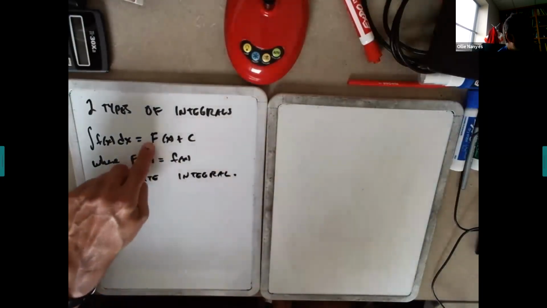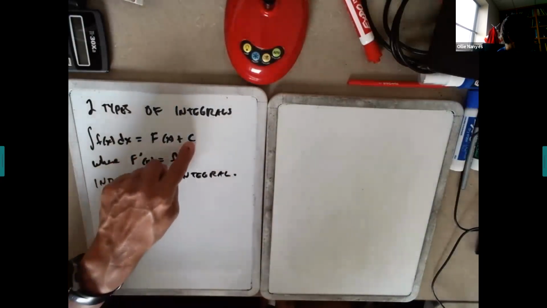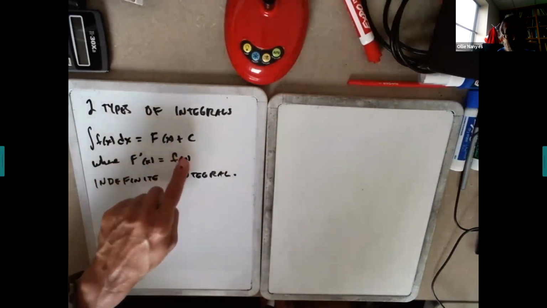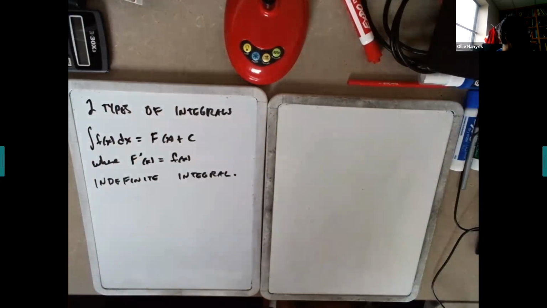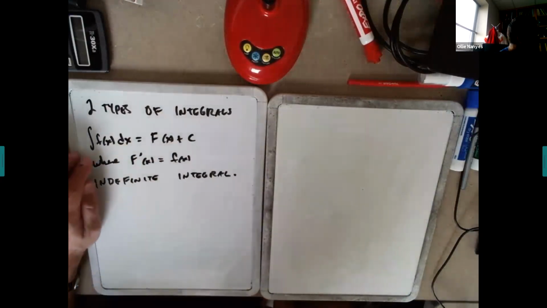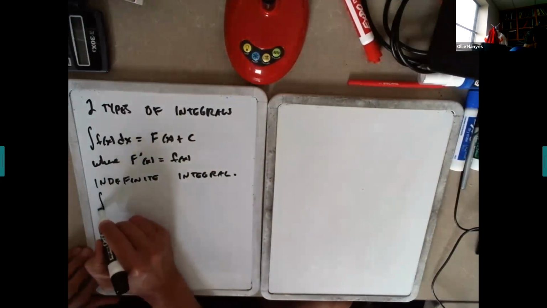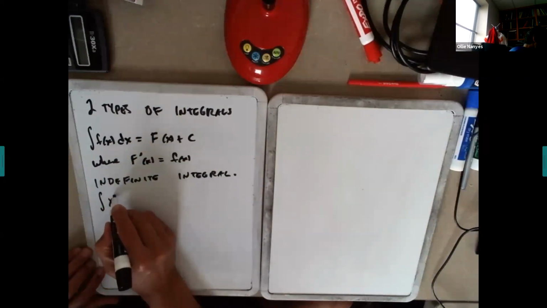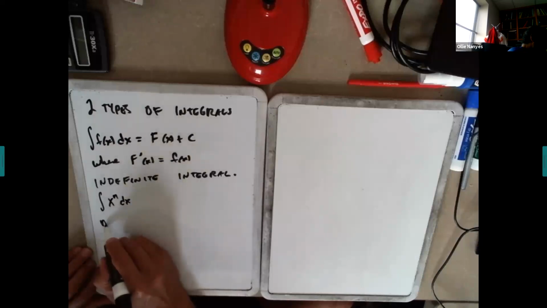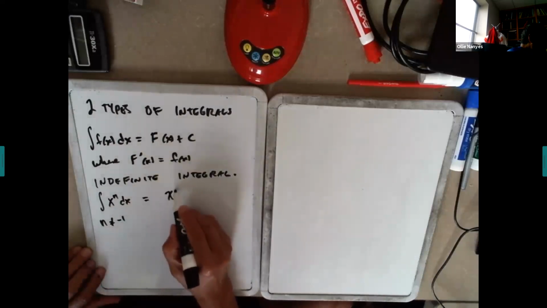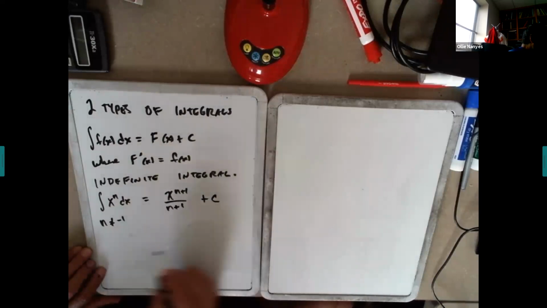And you do need the constant, because if you remember from calculus 1, the derivative of a constant is 0. So if you differentiate the right-hand side, the derivative of the constant is 0, and you do get that. As I said, it's an indefinite integral. As far as examples of this, I'll give you some basic ones. For example, if you have the integral of x to a constant power n, where n is not -1, this will be x to the n plus 1 over n plus 1 plus c.